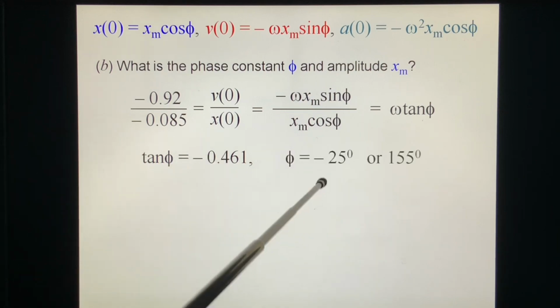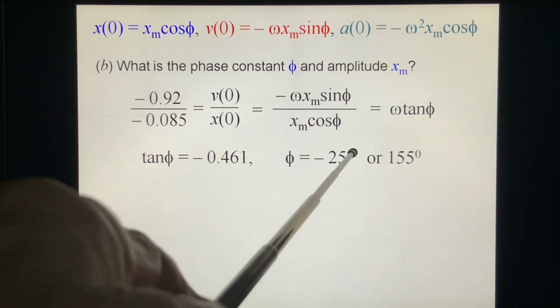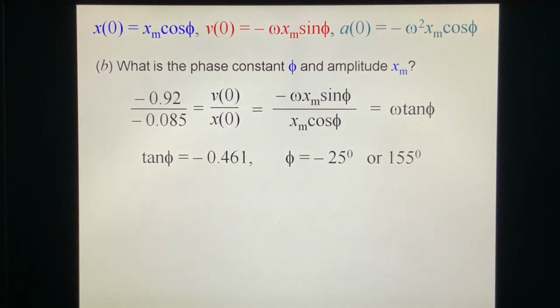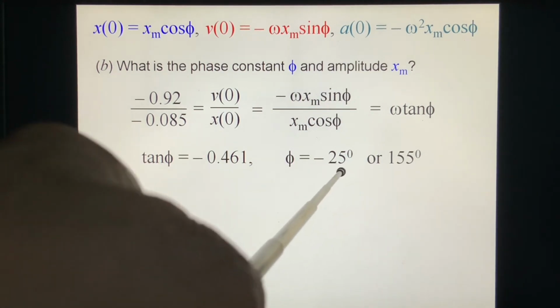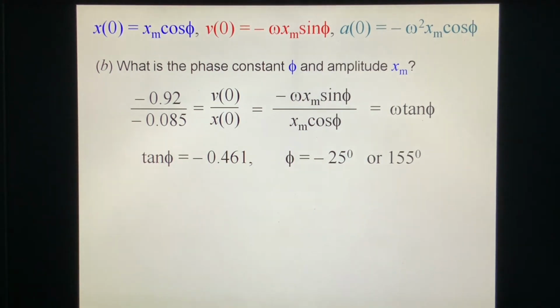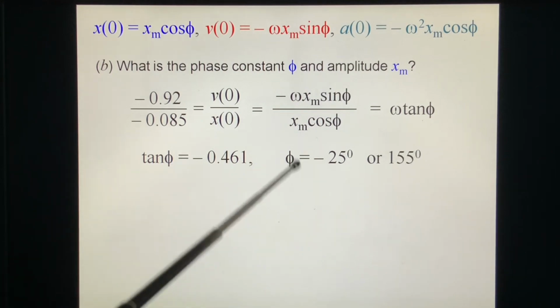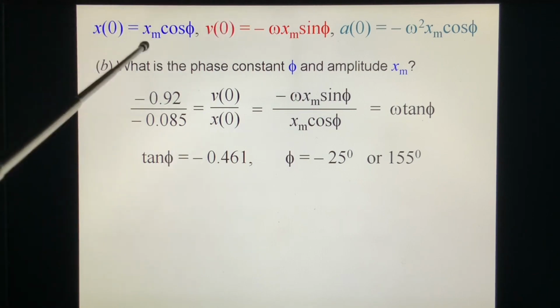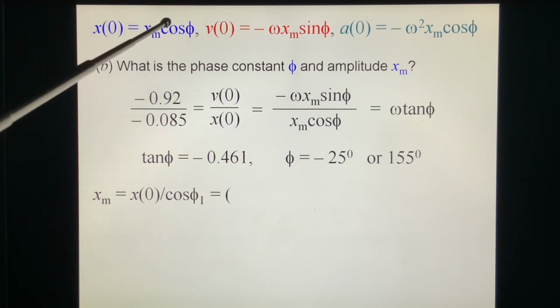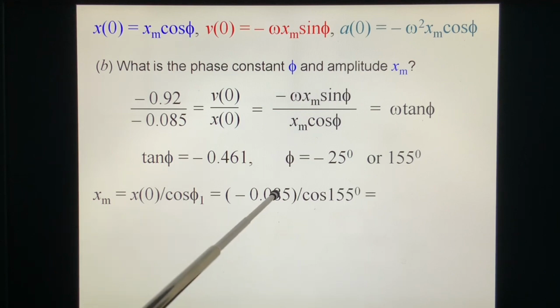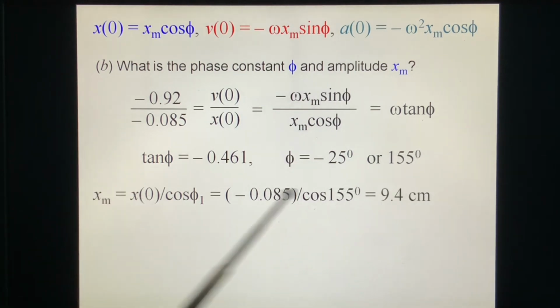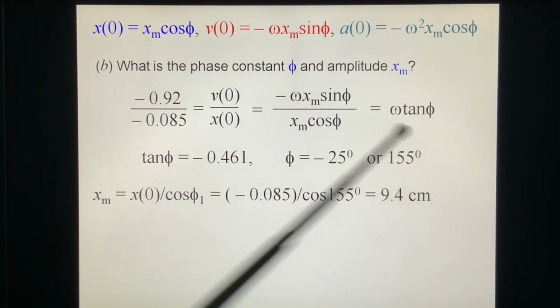This gives you two angles, either minus 25 or 150, and minus 25 can also be written as 335 degrees. Which one is right, or both are right, or both are wrong? We put the phi in the equation for x at time t. With xm cosine and the v, we get xm equals 9.4 centimeters.